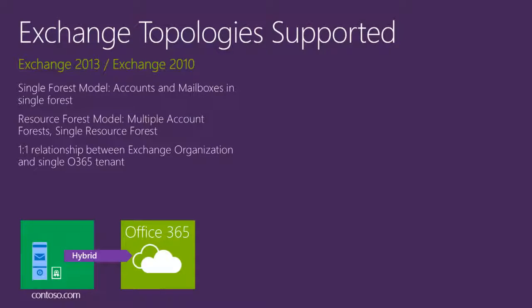So you had a one-to-one relationship between an Exchange organization and Office 365. Granted, you could have multiple account forests and a single Exchange resource forest, but you were still limited to that one forest.